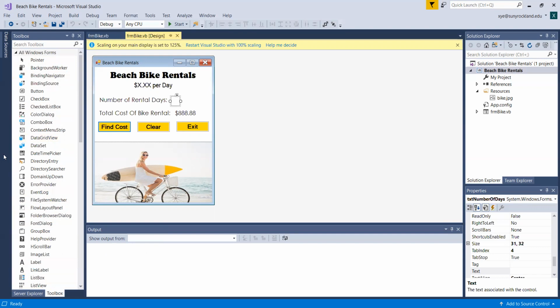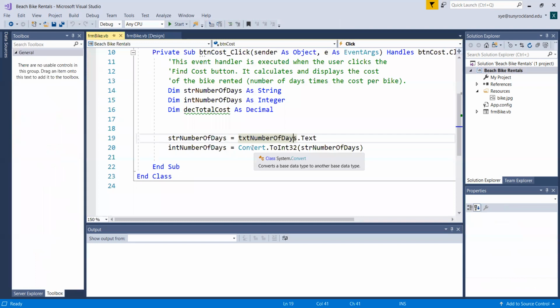If you want to display on your user interface, you basically manipulate the text property, but those text properties are string type. Keep in mind, a string type. A string cannot perform calculations. So in order to perform calculation, you have to do the convert. So that is one part of what we learned last time.